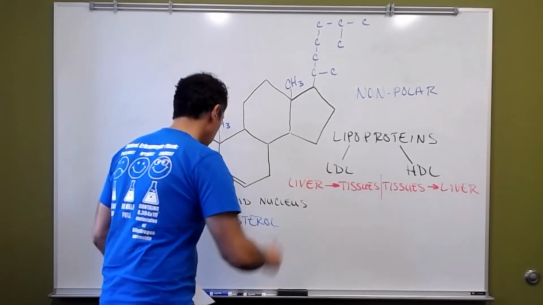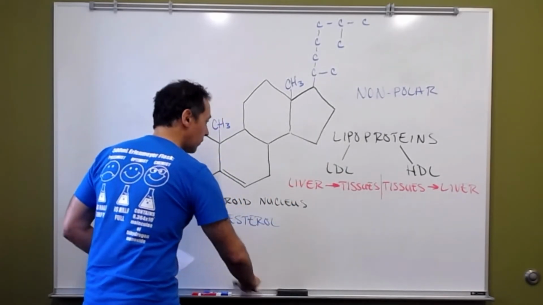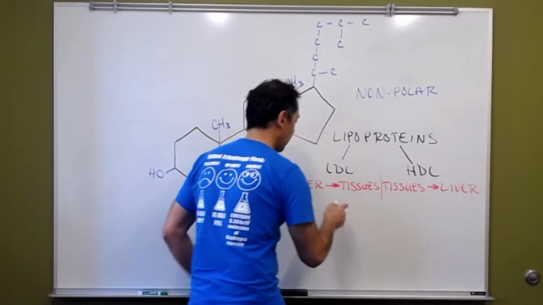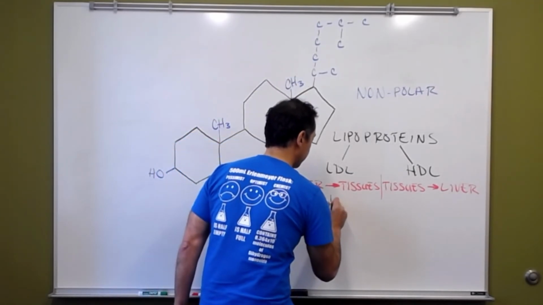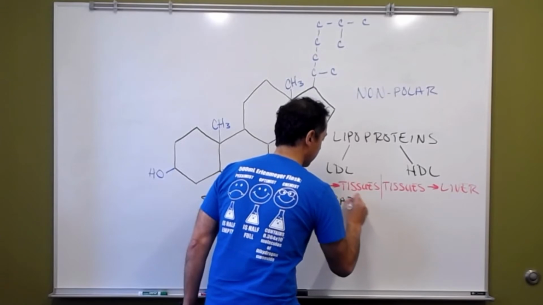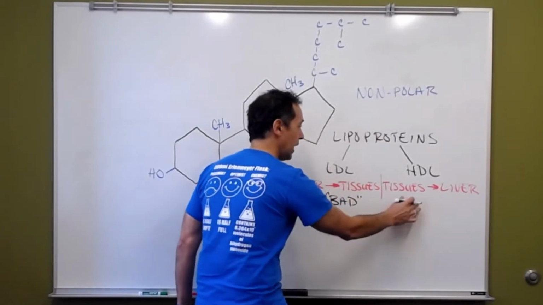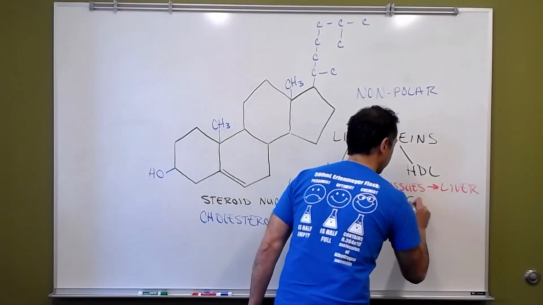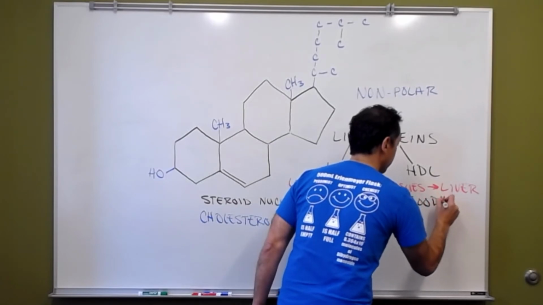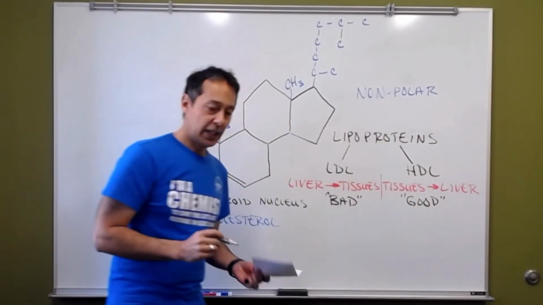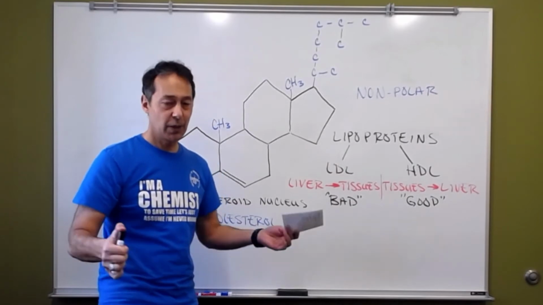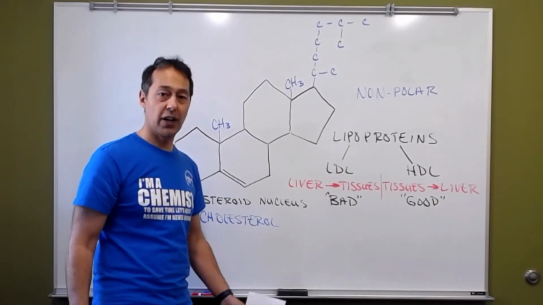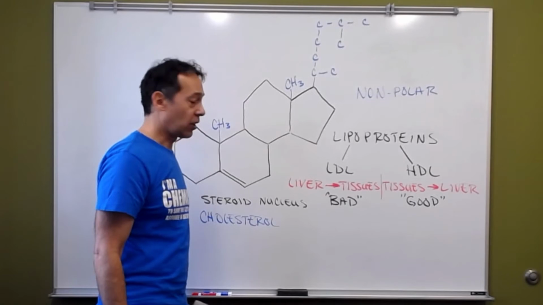Now these two lipoproteins, the LDL is the one that we think of as being the bad cholesterol, and the HDL is the good cholesterol. Now, at your age, generally, as a typical college student, you probably don't care or even think about what your cholesterol level is.